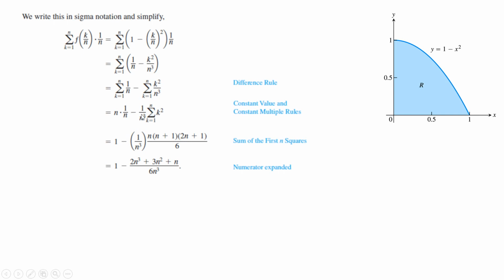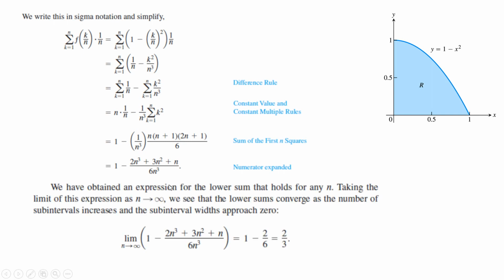Now substitute the value of sigma k square, which is n into n plus 1 into 2n plus 1 divided by 6, and 1 over n cube as it is. This will make it 1, and so we have this expression which is the sum, which is the actual lower sum. So we have obtained an expression for the lower sum that holds for any n.